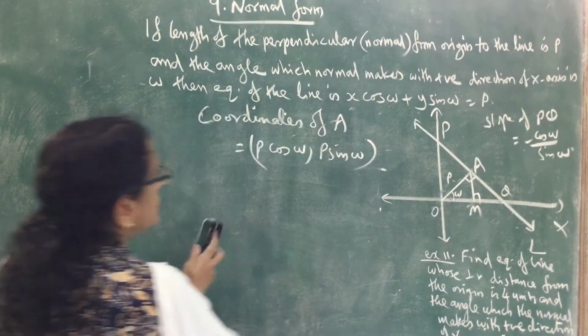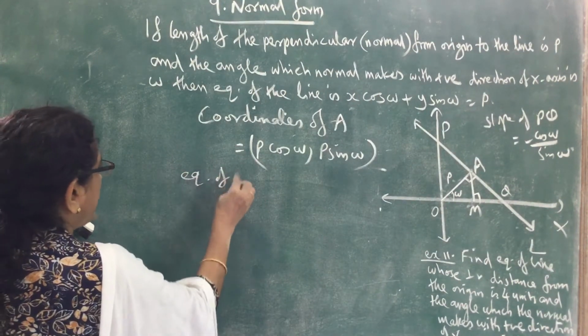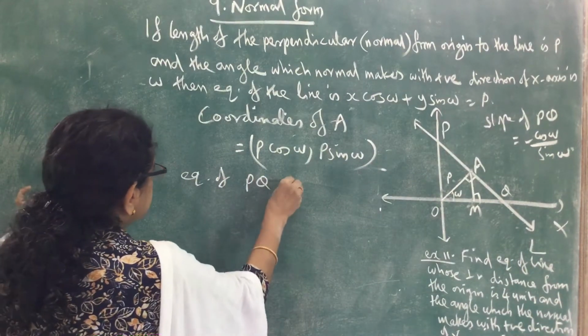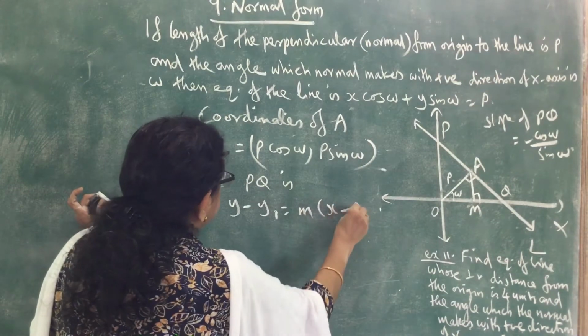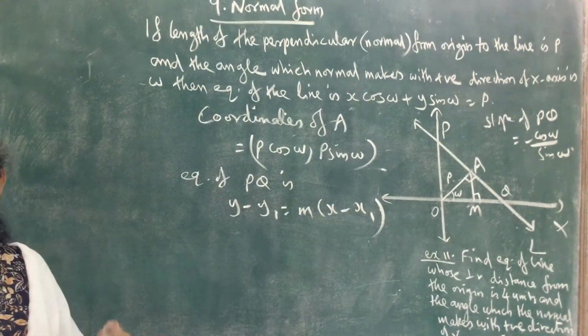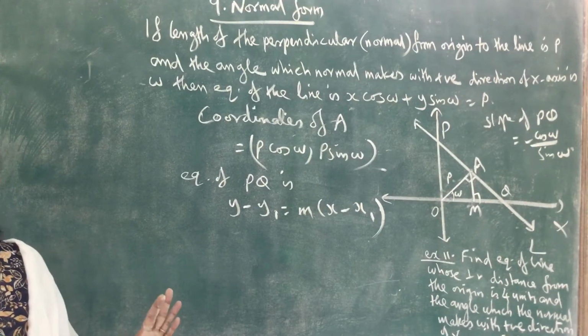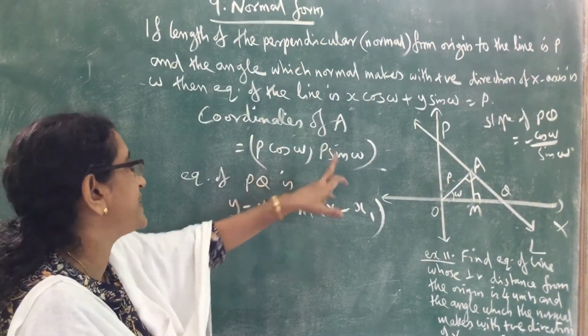So using point slope form we can find the equation of line. Equation of PQ is y minus y1 equal to m into x minus x1. This is the point slope form. If you know one point and slope of the line, we can write the equation of the line. Point, coordinates of A, that is P cos omega, P sin omega.